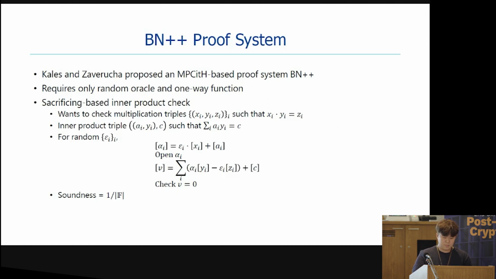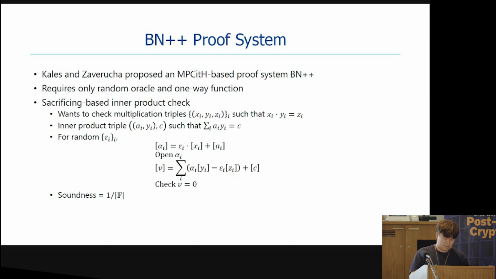BN++ proves inner products by a sacrificing technique. If one wants to check multiplication triples xi, yi, zi, such that xi times yi equals zi, then the parties make an inner product triple a, y, c, such that the sum of ai times yi equals c.